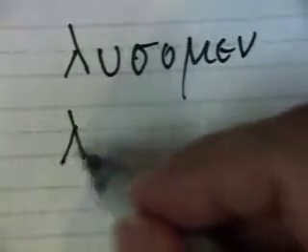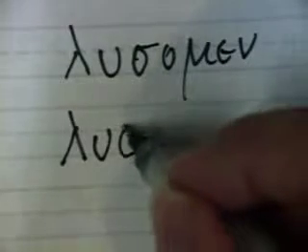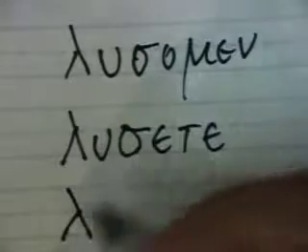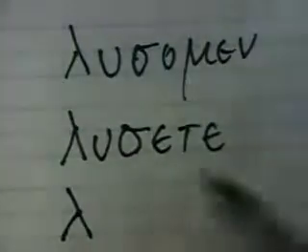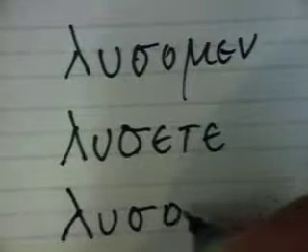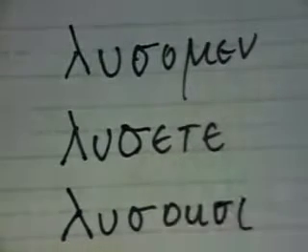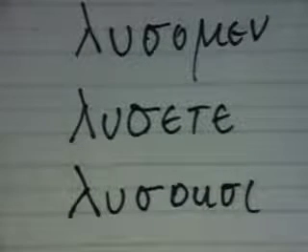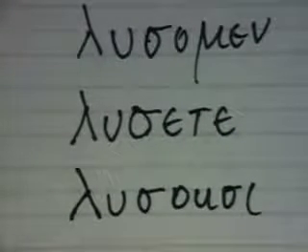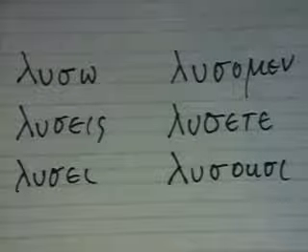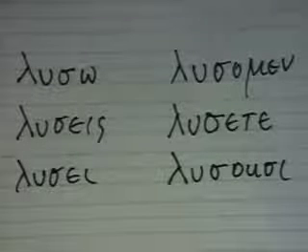Second person plural, luseste. And then third person plural, lusousi. Okay? Adding the future active indicative clothing directly to the stem of the verb luo.